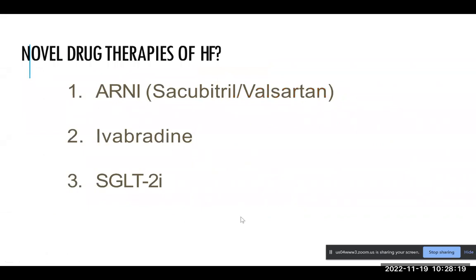So what are the novel drugs and therapies for heart failure? We have the ARNI, we have ivabradine, and SGLT2 inhibitors. They are not really novel nowadays because it has been years since discovery, but generally these are the most recent medications.